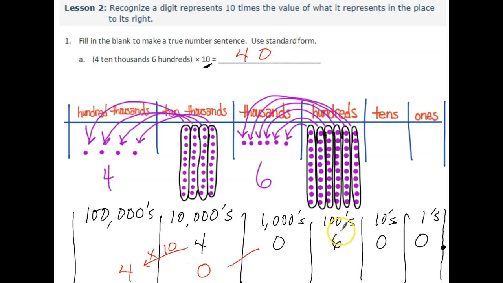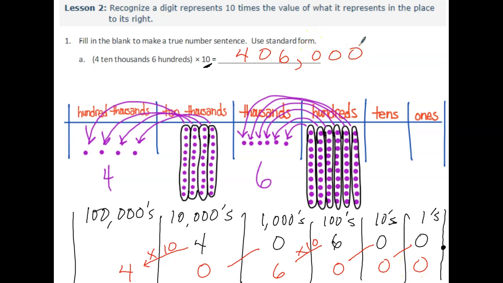My 100s place value, I have 600s. So 600s times 10 equals 6,000. Comma says 1,000, so that's 406,000. And then I annex my zeros here because they have no value. I mean, I have to put placeholders in my hundreds, tens, and ones here.